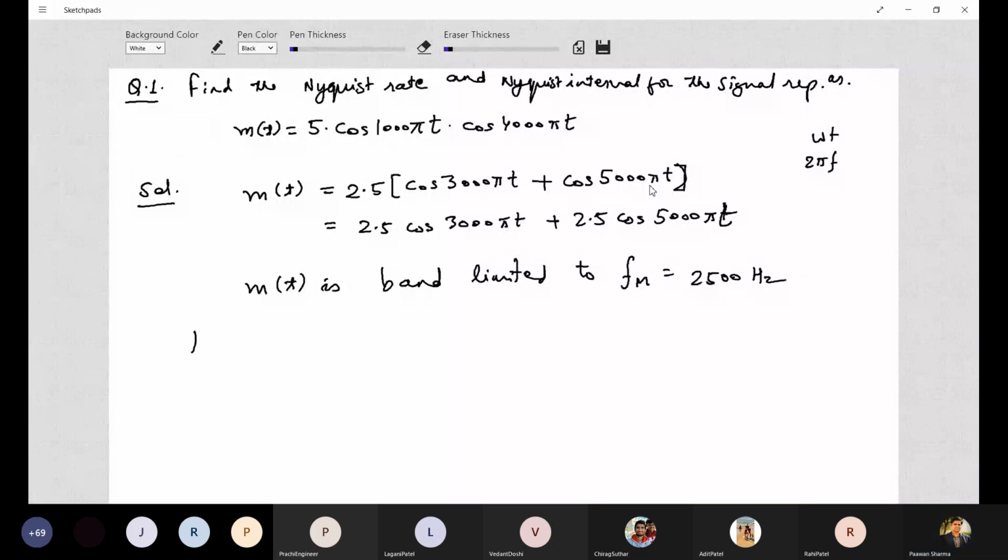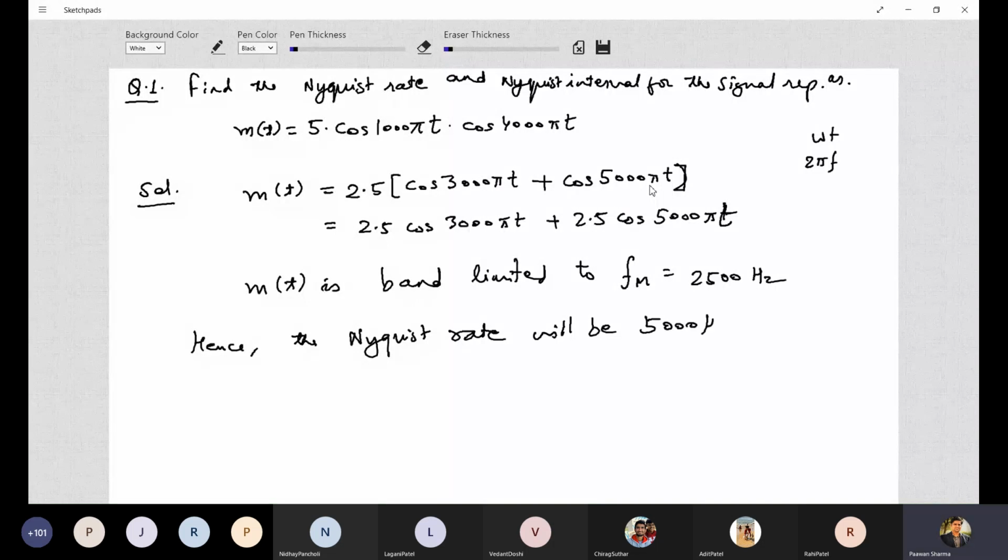Hence, what will be the Nyquist rate? We are not considering the other, because half of 3000 is 1500 hertz, so obviously we have to take the maximum. So we are taking 2500 hertz, not the 1500 hertz. The Nyquist rate will be 5000 hertz.